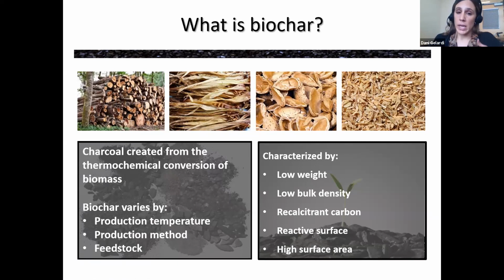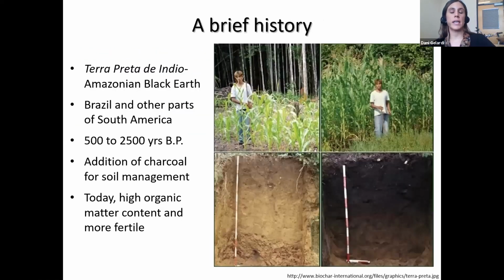And we use all these different feedstocks to create this very low weight and porous charcoal-like material. So biochar has tons of variables. It varies by the feedstock, the production method, the production temperature, but all in all, what you get is a material that has a really reactive surface and a lot of pores, which may help it retain nutrients and retain water in agricultural systems.